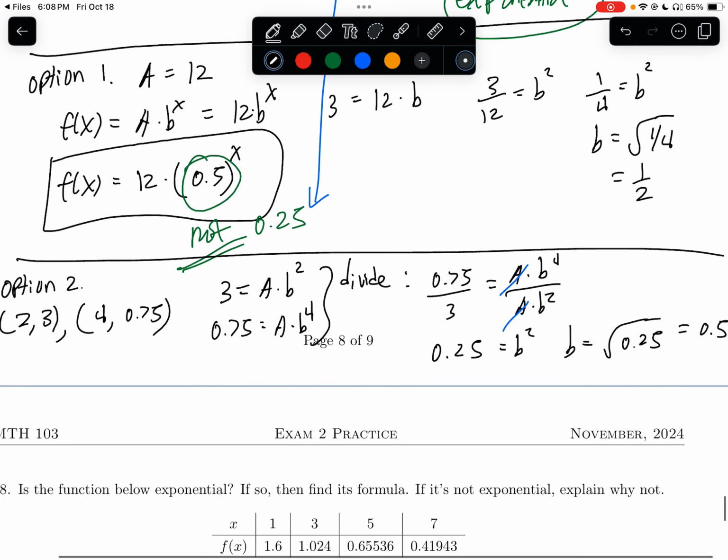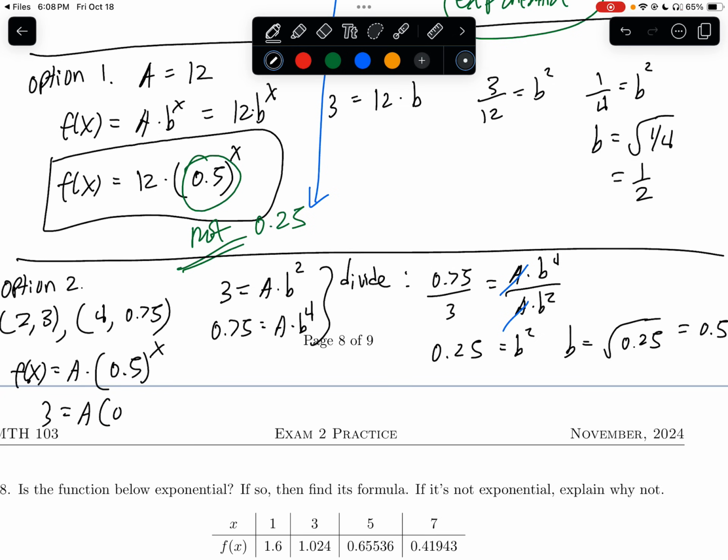And then I need the value for a. So then I know now that my formula is a times b, which is 0.5 to the x. I can plug in another point. It can be the same one, it doesn't matter. So if I do, say, (2, 3), these numbers would go in here.